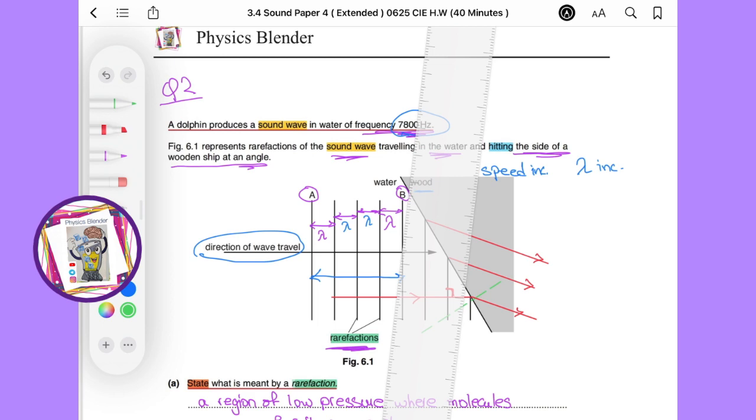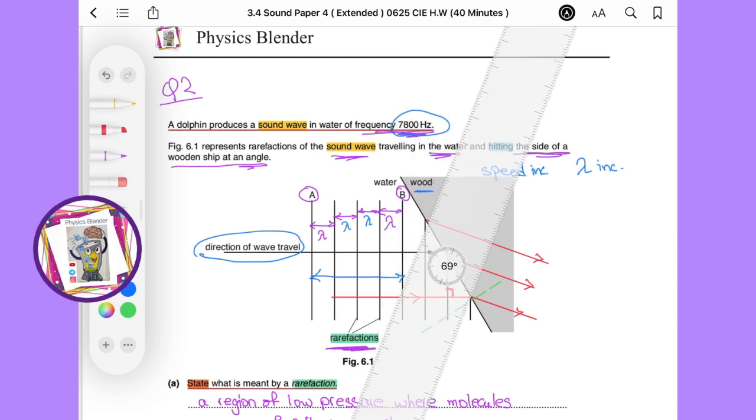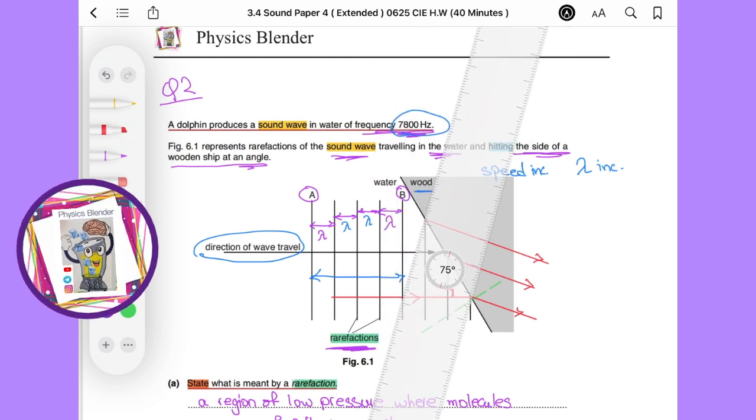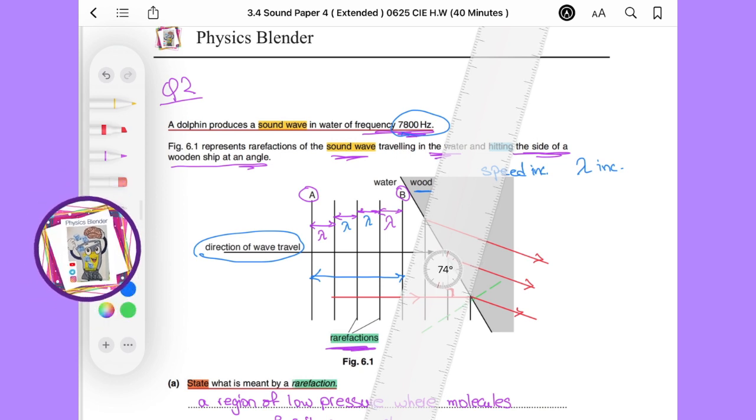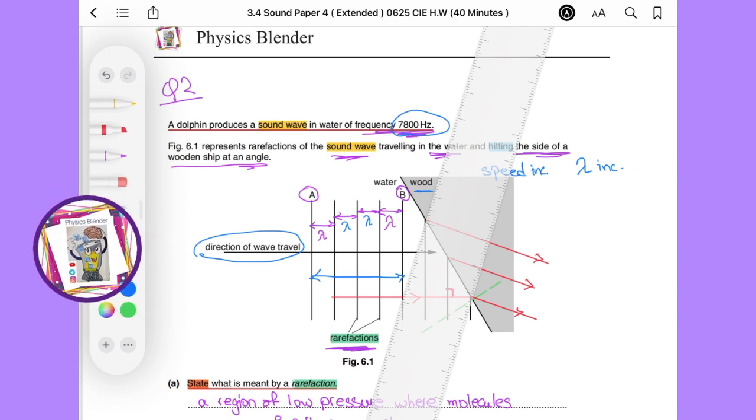Okay, let's draw it in yellow. The wave fronts should be at right angle to the direction of wave travel. So I will draw, and they should meet the rarefactions or wavefronts which are already drawn in the figure.